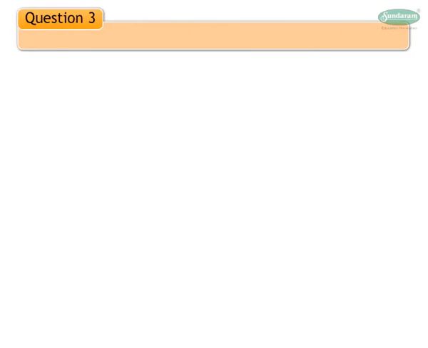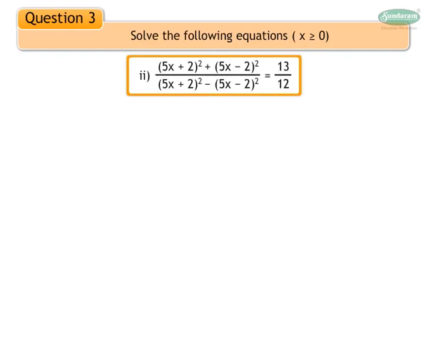Question 3.2. Solve the following equation where x is greater than or equal to 0: ((5x + 2)² + (5x − 2)²)/((5x + 2)² − (5x − 2)²) = 13/12.